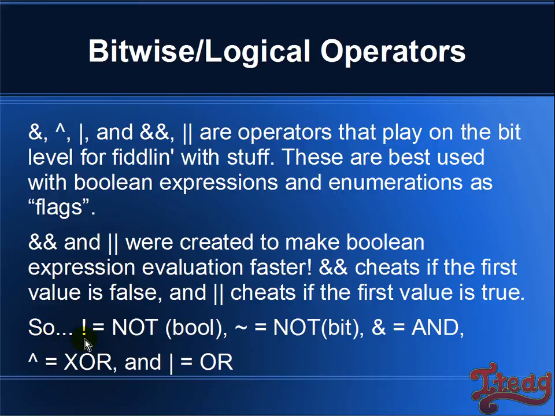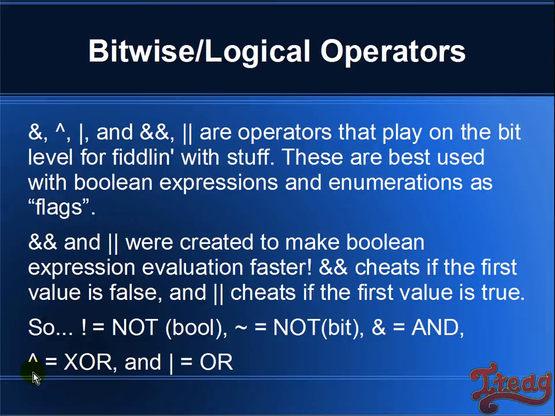In reference to the earlier unary operators, the exclamation point is a not for Boolean expressions, transferring over from code. The tilde complement is a bitwise not, and then we have the and.